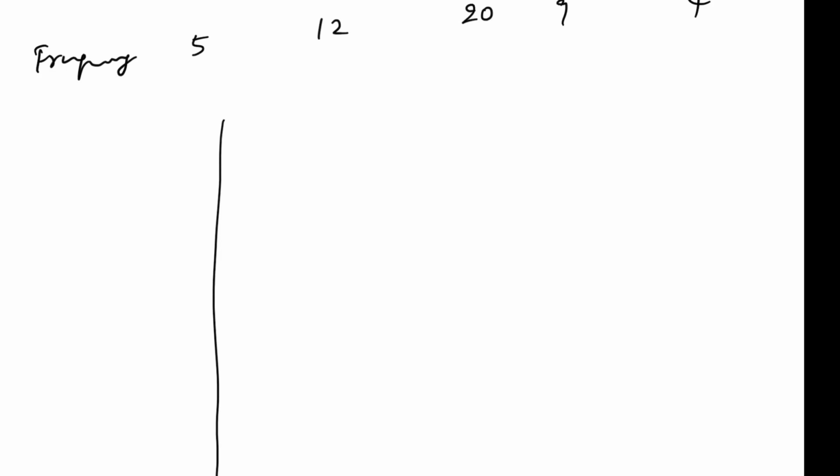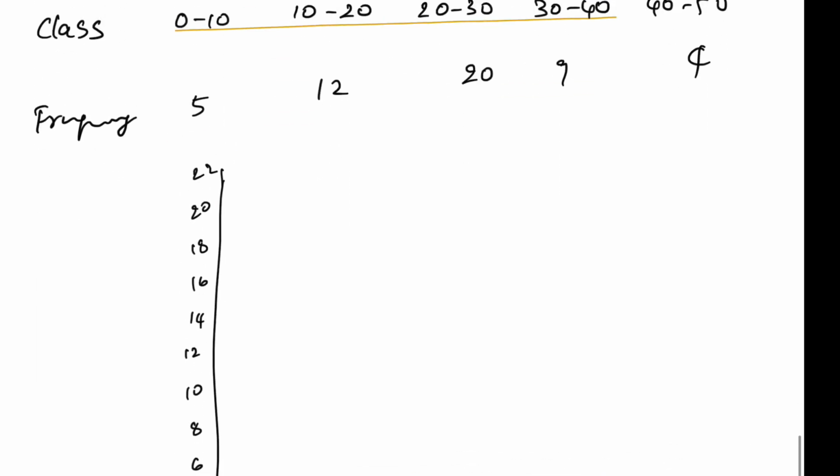On the axis you have 0, 10, 20, 30, 40, 50, and let me take the frequency as 2, 4, 6, 8, up to 22. So 0 to 10 you have 5.